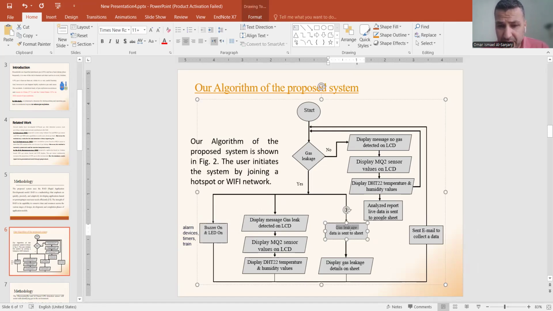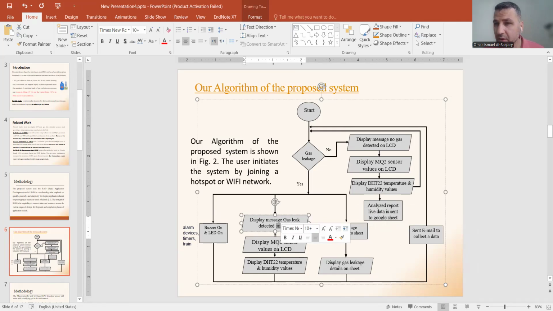The third step is that the gas leakage data is sent to the Excel sheet or Google Sheet, because any problems in the detection are going to be sent through the Google Sheet.